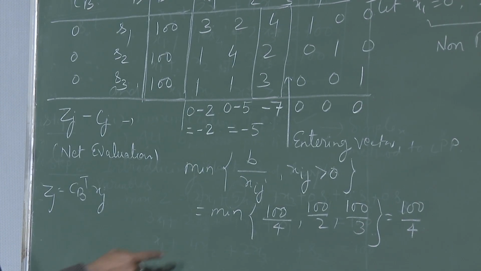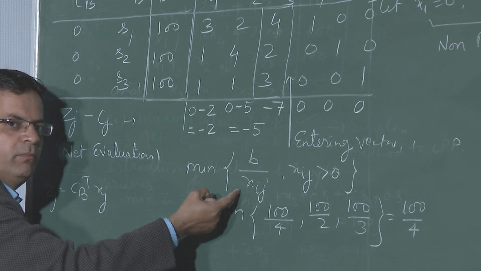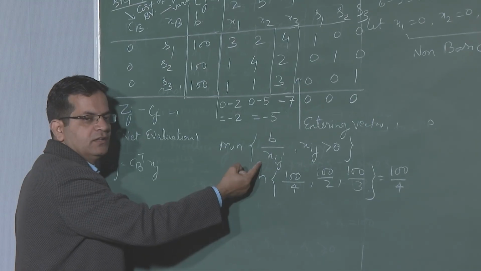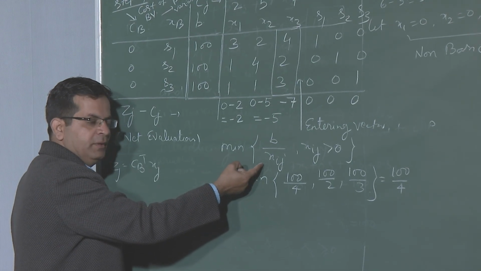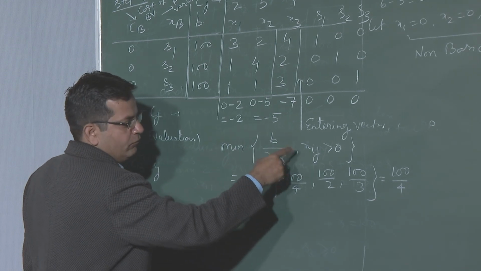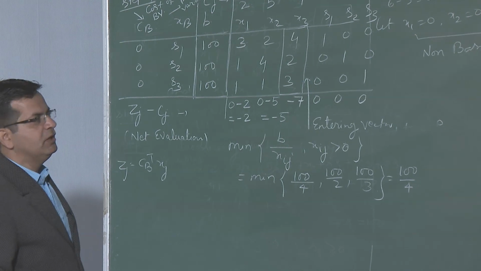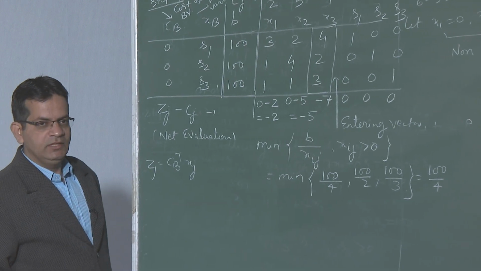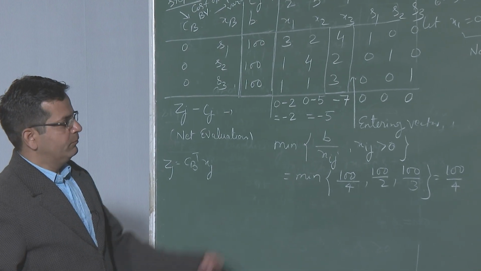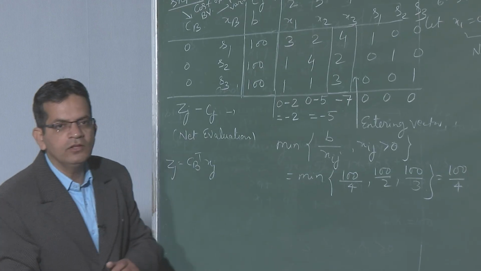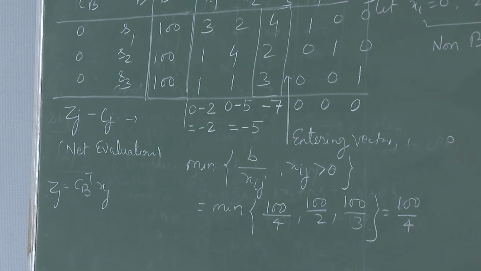It is important that the value by which we are dividing must be greater than 0. We only consider values greater than 0 for the minimum ratio. Otherwise, if positive values are not there, then we have a case of unbounded solution.